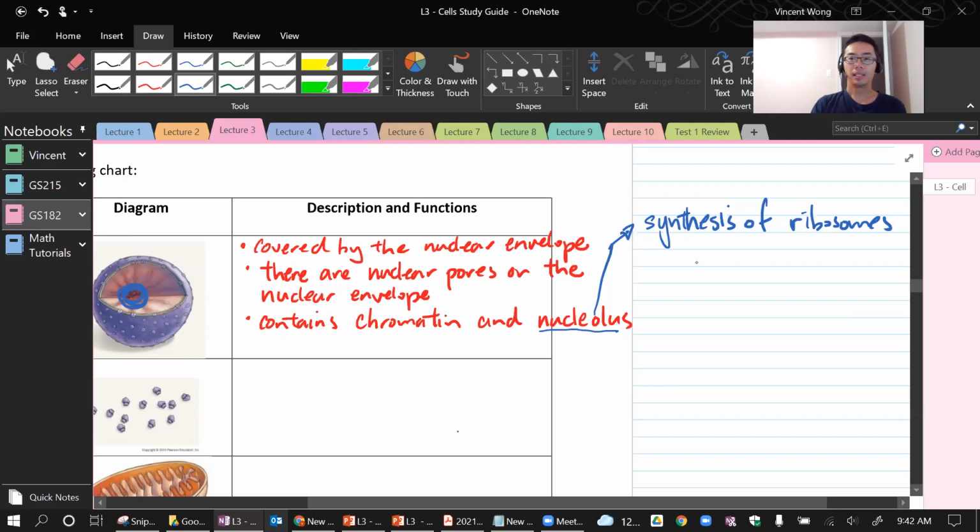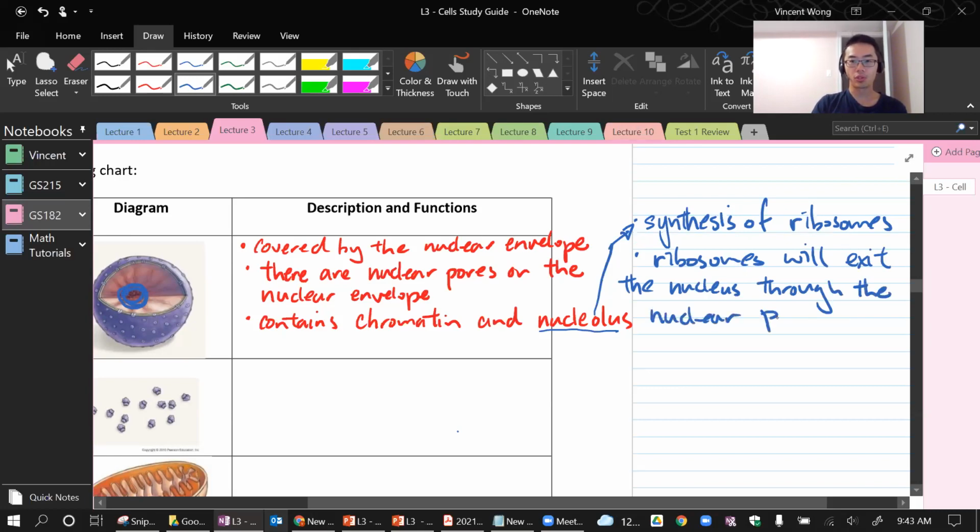So the ribosomes will exit the nucleus through the nuclear pores. All right.